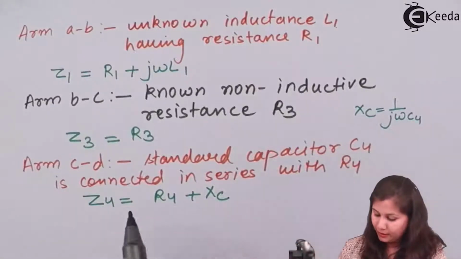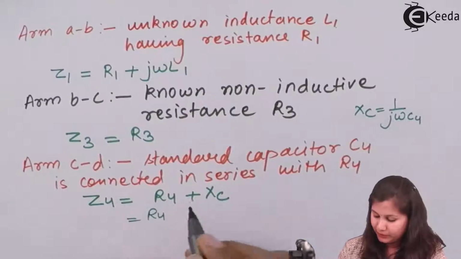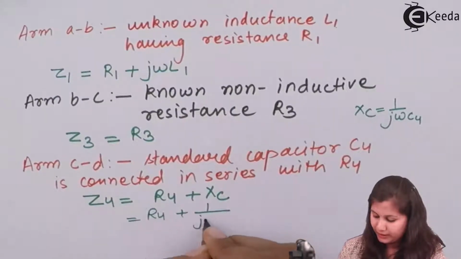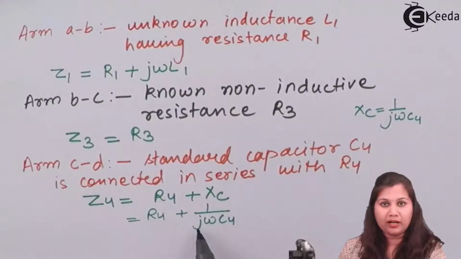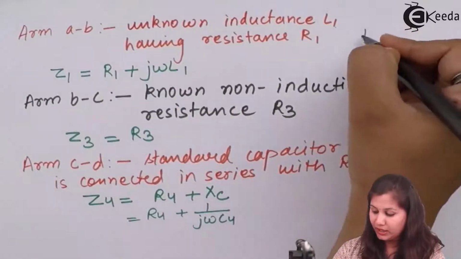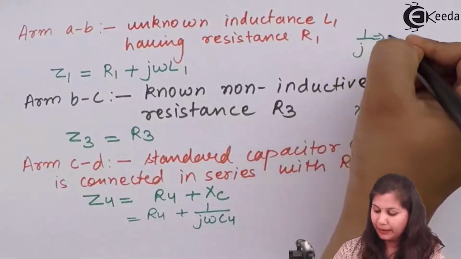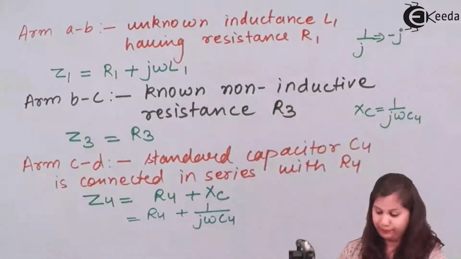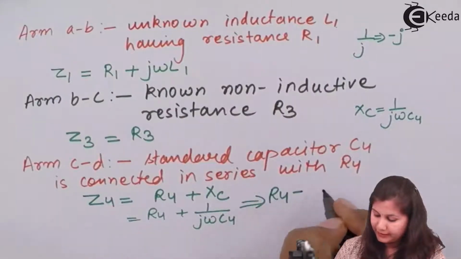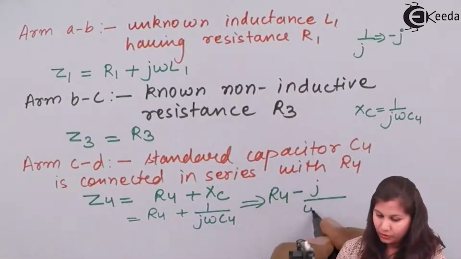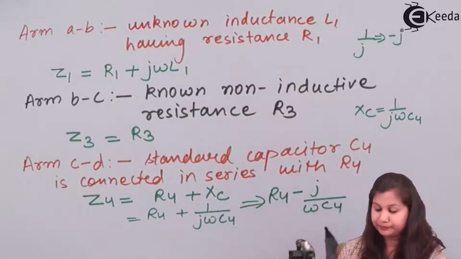Putting its value here, this will be 1 upon J omega C4. Now 1 upon J omega means 1 by J, which can be written as minus J. So we can write it as R4 minus J upon omega C4.